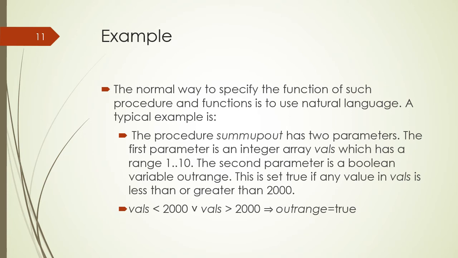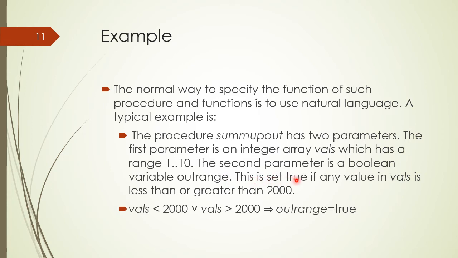Students, we use natural language to specify procedures and functions, and we consider an example. A procedure sumUp has two parameters. The first parameter is an integer array value vals, which has a range from integer 1 to integer 10. The second parameter is a boolean variable outRange.